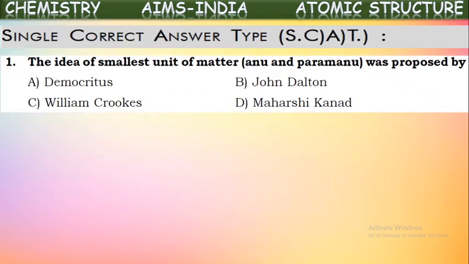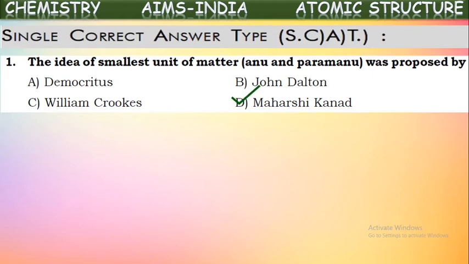First among them is: the idea of the smallest unit of matter was proposed by, who proposed it? Yes, a hint is also given here, the smallest unit of matter, that is about Anu and Paramanu. This concept was given by the ancient Indian philosopher Maharshi Kanad.